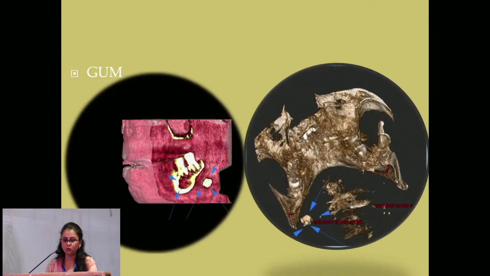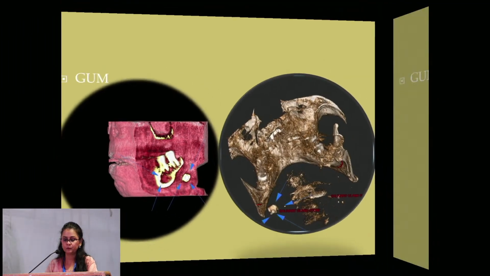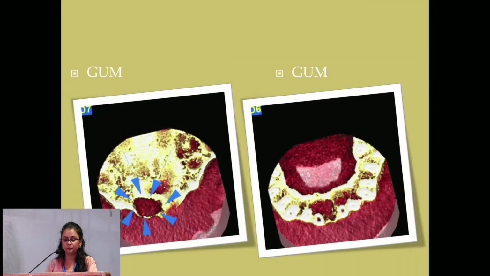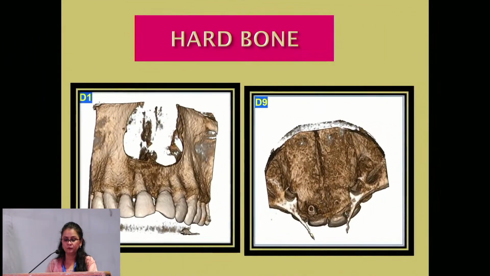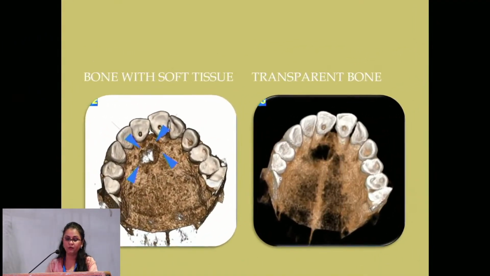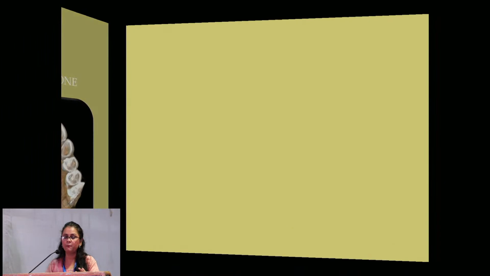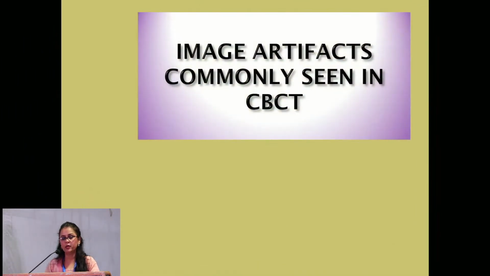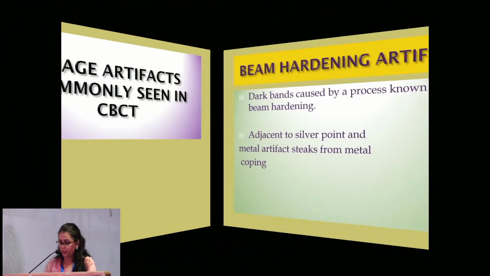This is a soft tissue mode. So a cystic lesion can also be evaluated. This is all very pictorial, and when you give your images on a printout, it actually gives a very good impact.